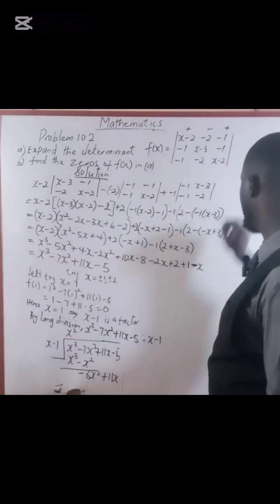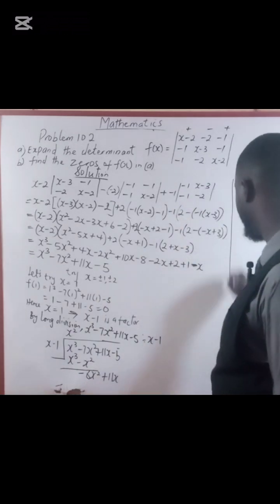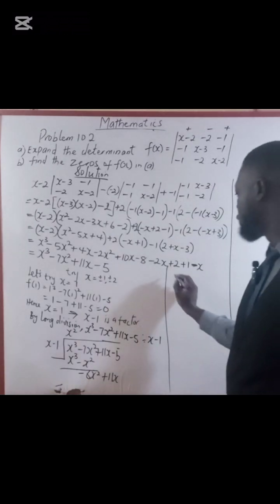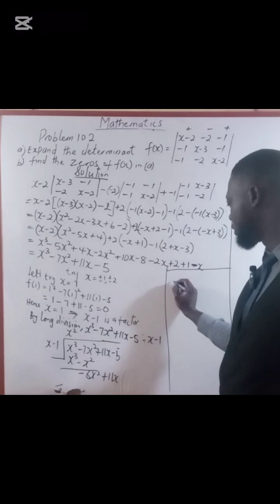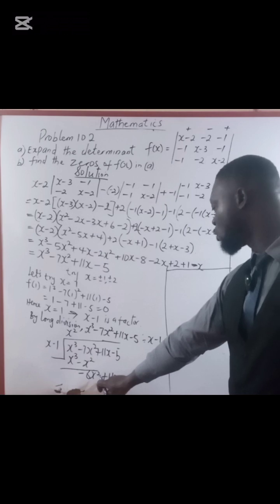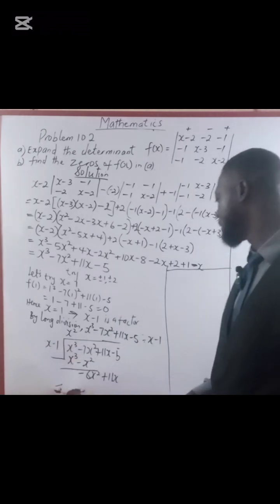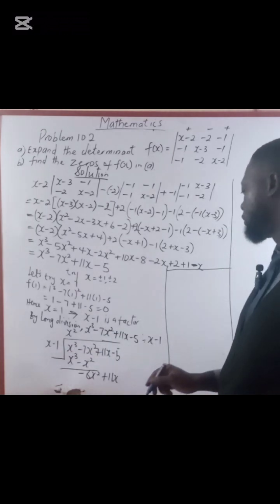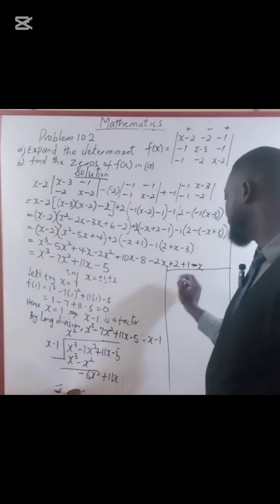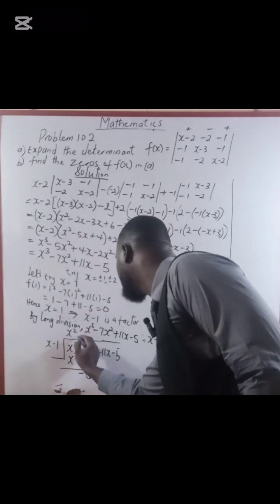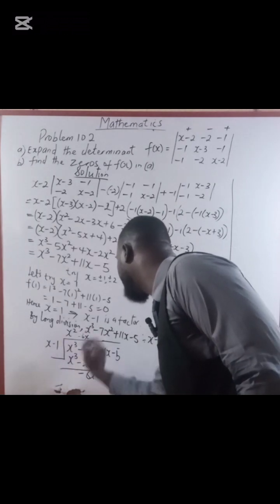Okay, so let's continue with this place. The next one now will be minus 6x squared divided by x, which will give us minus 6x.